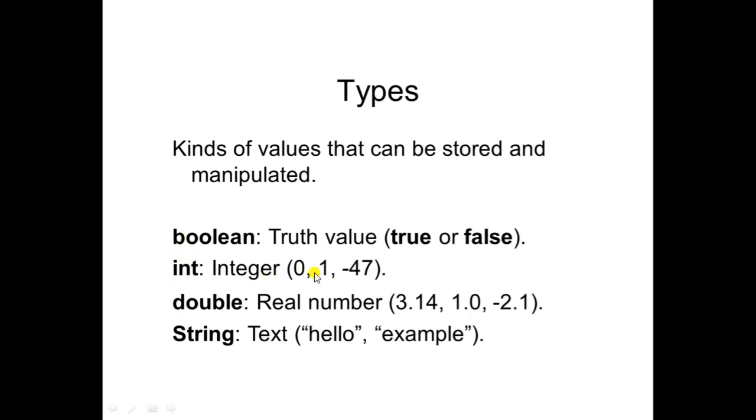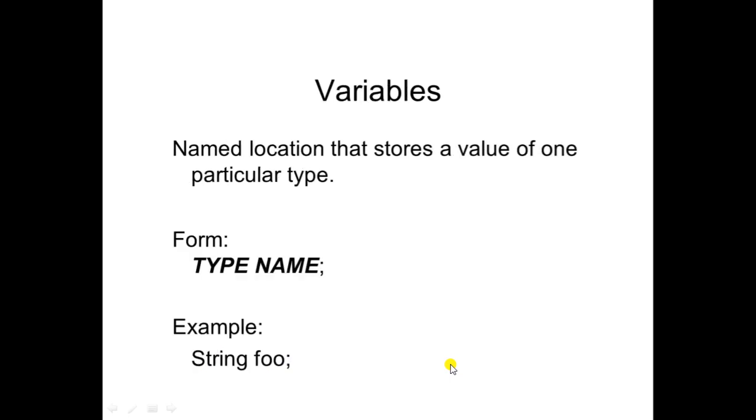So it's 0, 1 and minus 47. Negative numbers are also included. Then double is nothing but your real numbers, the floating point numbers, 3.14, 1.0. These are the examples. Then again we have the string data type, which is nothing but text. So hello is an example of a string.